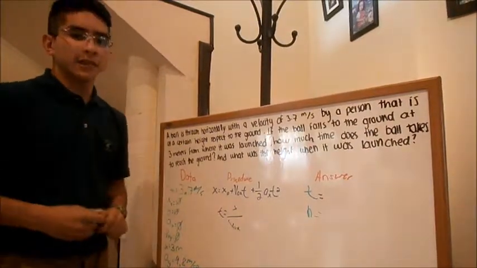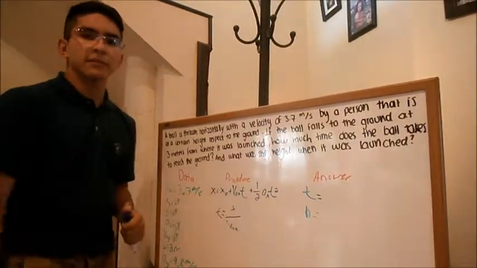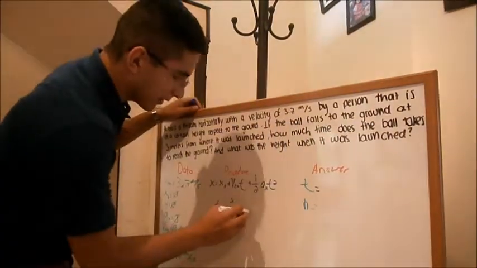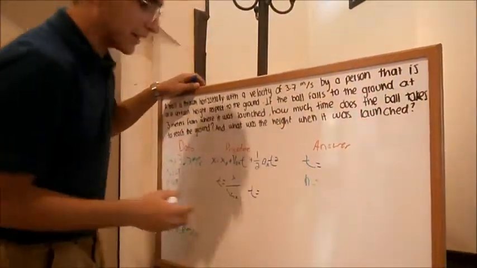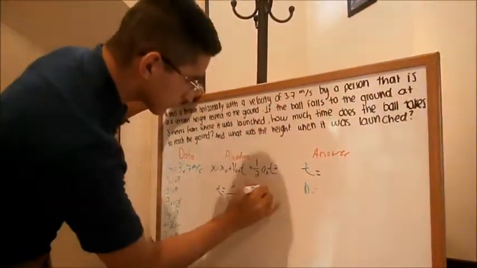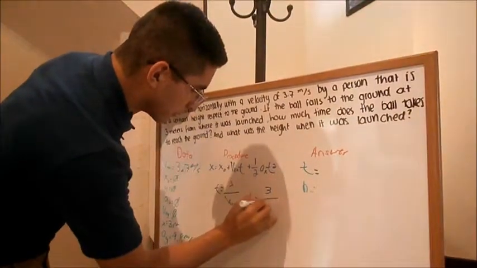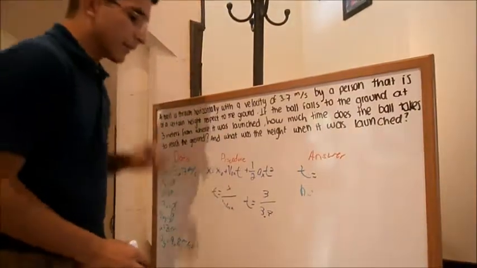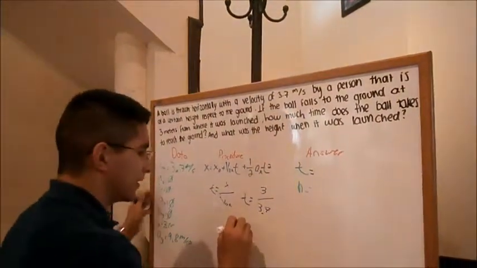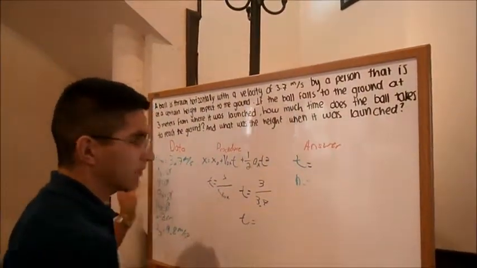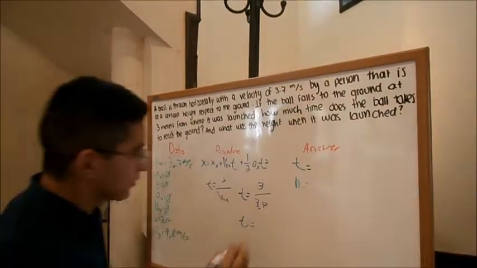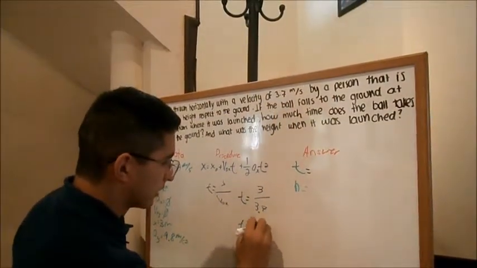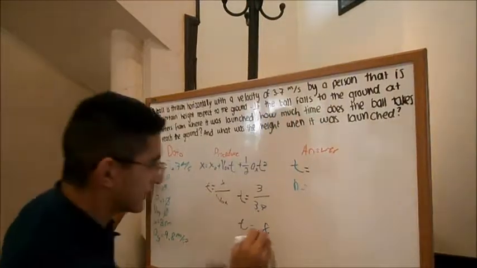If I change the values of the variables, I will have the time. That time is equal to 3 over 3.7. And if I make the operation, the time is equal to 0.81 seconds.